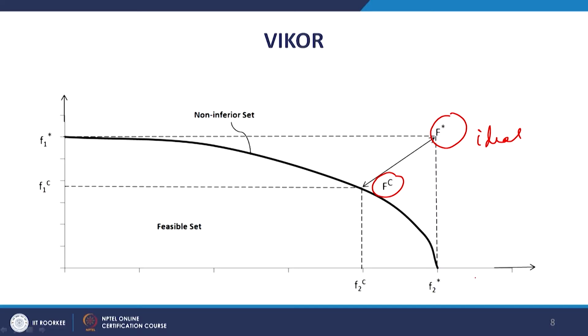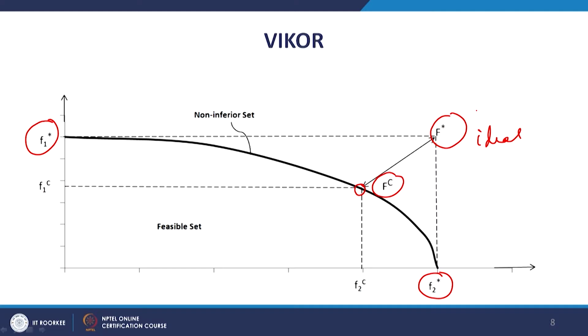So, these are two criteria. One is F1 along the y axis, and the other one is F2 along the x axis. These are probably the best values. If we take a curve here along these two criteria, this FC is somewhere here. This in a way represents the feasible solution which is closest to the ideal.